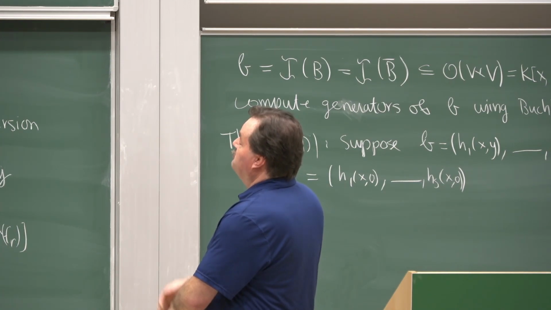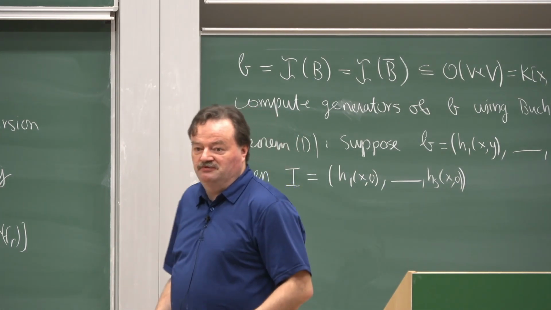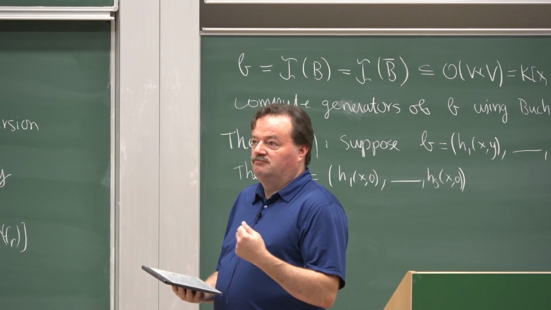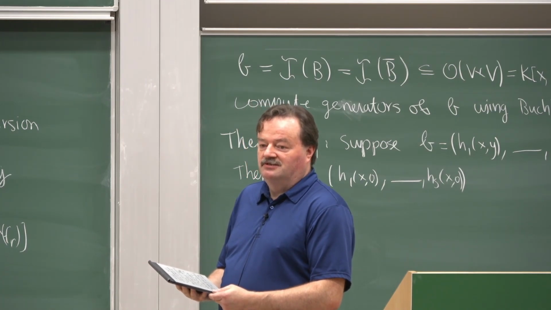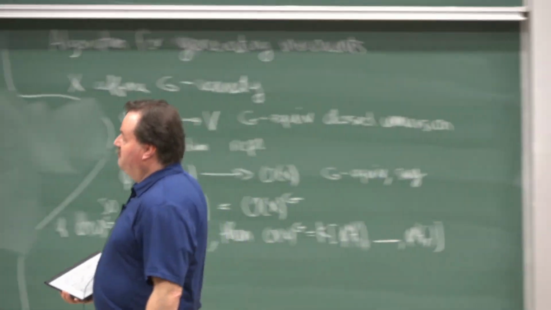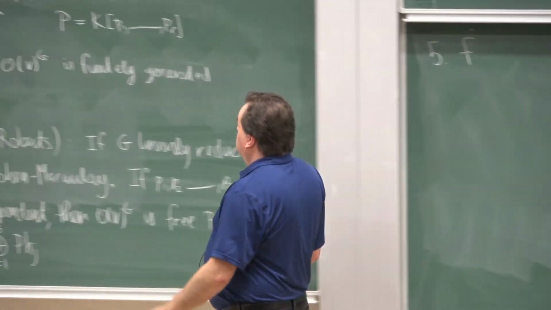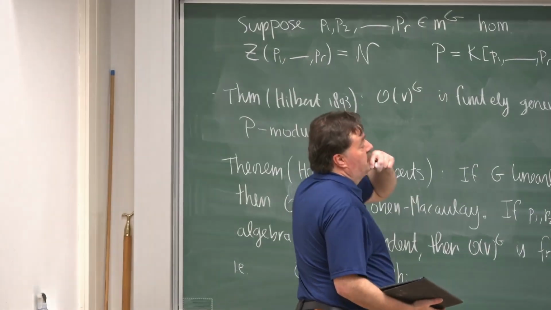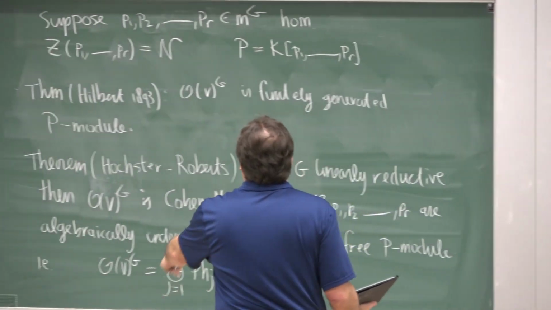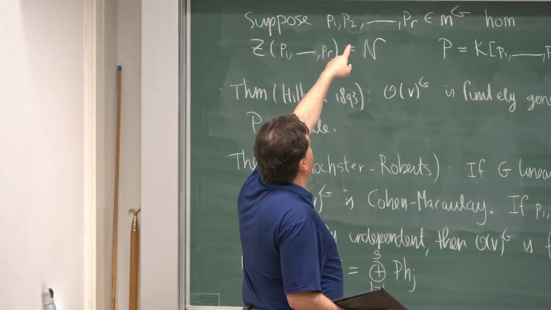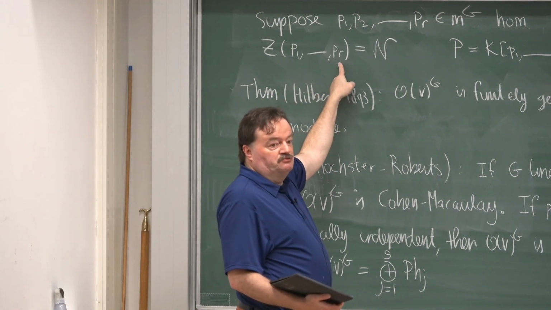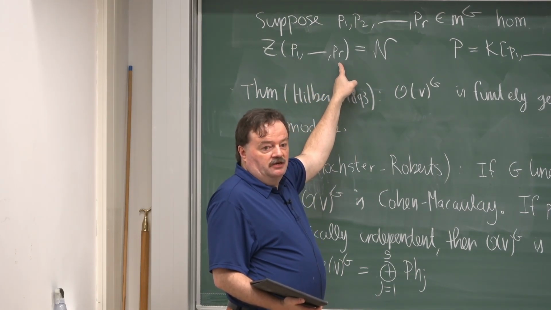Well, you may have to take some linear combination of powers of these things to find the primary invariants. So if you have separating invariants, and let's say they're homogeneous, they will define the null cone, right? But they probably will not be algebraically independent.